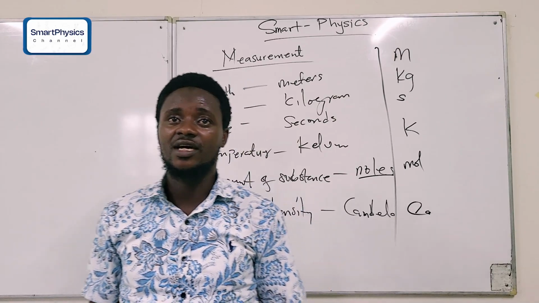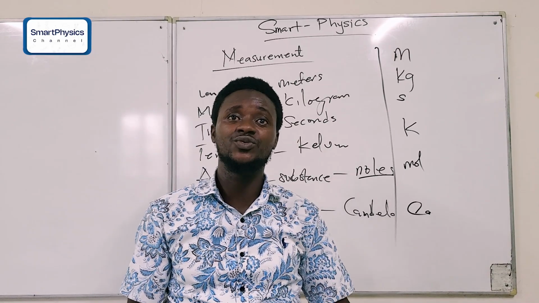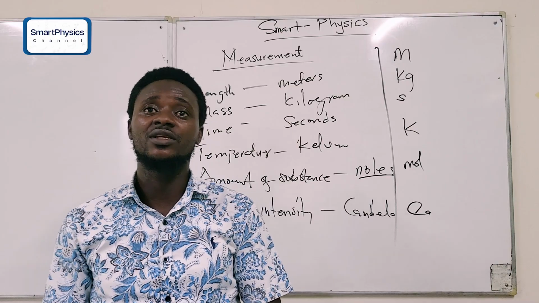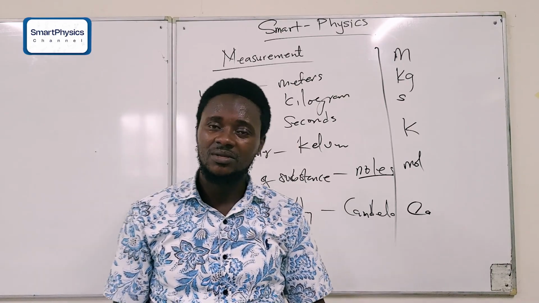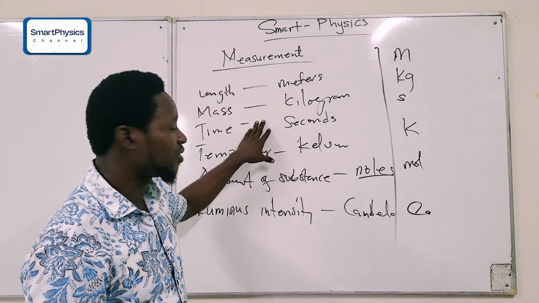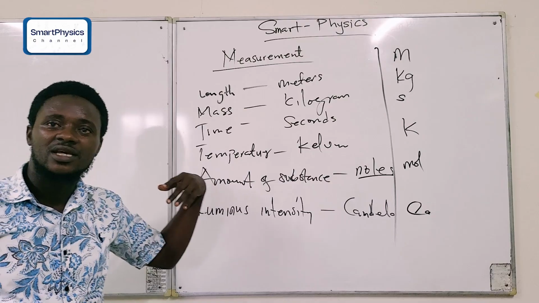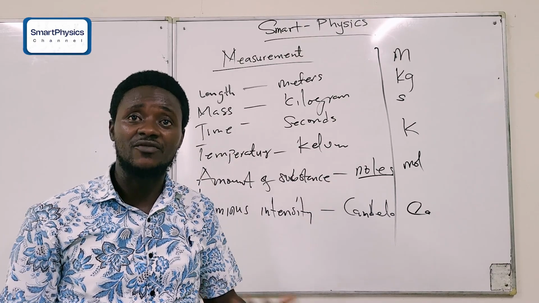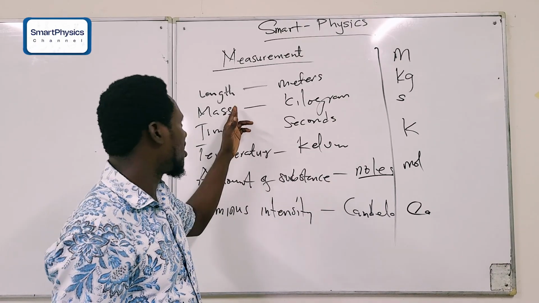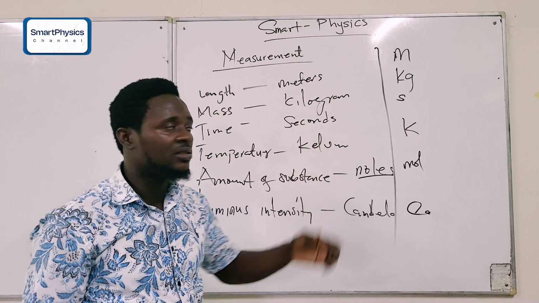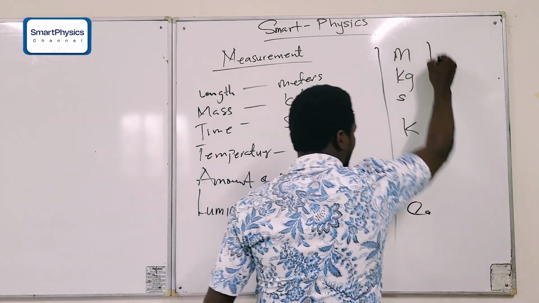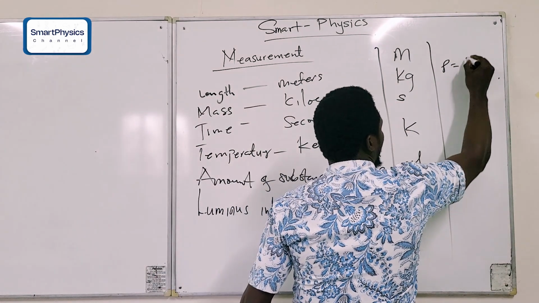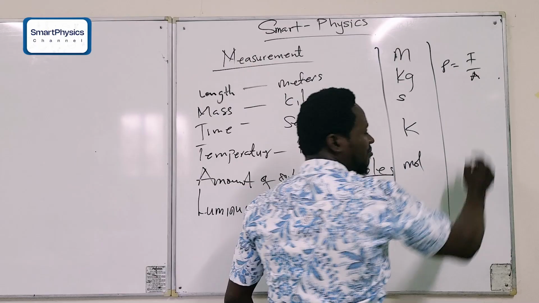Scientists then called the ones where the direction really affects the measure vector quantities. From these base quantities, we can derive other ones, and we call them derived units or derived quantities, right? Some like pressure, we know that pressure P is equal to force over area.